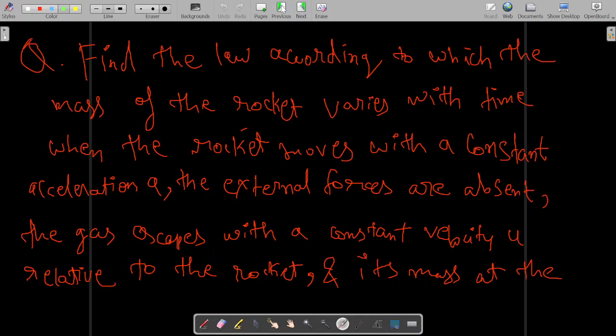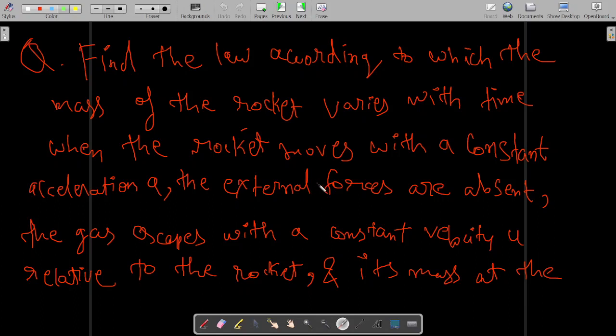Now what does this mean? It means the initial mass before takeoff, just before takeoff, the mass of the rocket is m naught, and exhaust gases are escaping with a constant velocity u relative to the rocket. That is, your u relative is equal to u as given over here, and the rocket moves with a constant acceleration a.